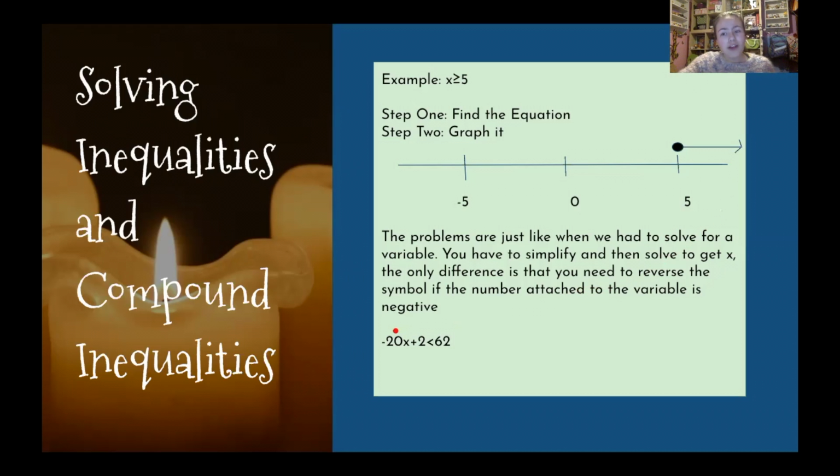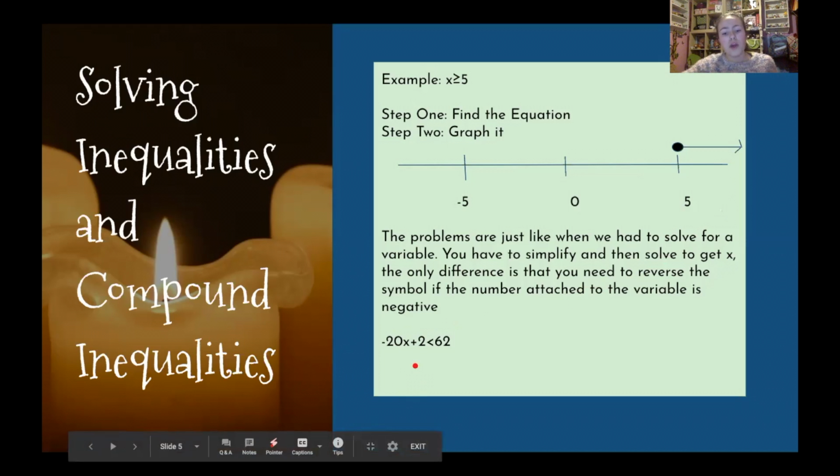But right now, let's solve it first, simplify it. Here's just an easy example. Now the math could be a lot more complex, but we reviewed in the last slide how to simplify it, really just using the distributive property and combining like terms. This equation is already simplified, so what is 62 minus 2?